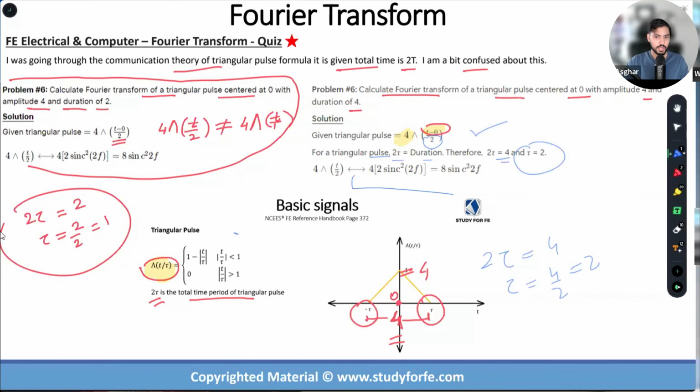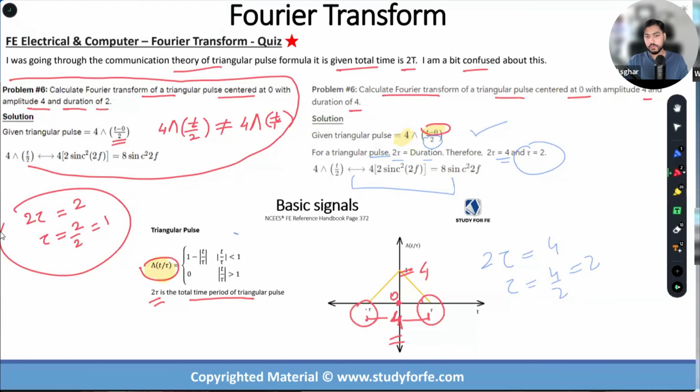And then we apply the transform pair, which is given in the reference handbook. It's very easy to apply, and you end up with this. So please pay special attention to the difference in how tau is treated for a rectangular pulse versus how tau is treated for a triangular pulse.